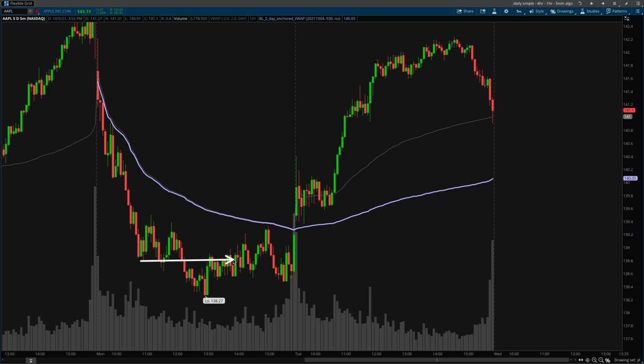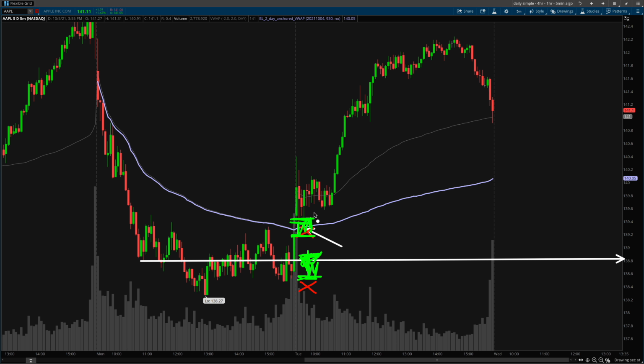Now the volume virgin point of control would have been down here. So in other words, if this level did not hold and you took a stop right here, the next best place to potentially look for a dip buy would be right here. And if this level does not hold, your stop loss would essentially be right below here. But either way, either of these trades are very small stop losses, because if you're entering the trade anywhere around here and your stop loss is down here, that is essentially your stop loss area.